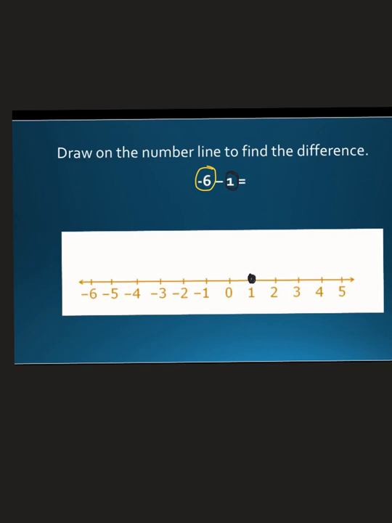So I'm going to take my dot at +1 and go as many bunny hops as I need until I get to -6. Then I'm going to count my hops. So I went 1, 2, 3, 4, 5, 6, 7 hops. So if I went 7 and I went to the left, my answer will be -7.